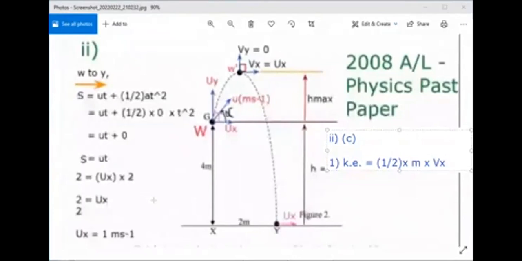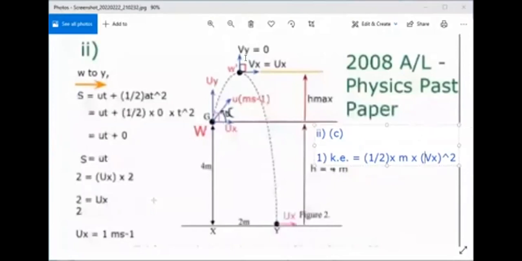You should clearly identify that this person has kinetic energy only due to the Vx velocity component, because the vertical velocity component at the maximum height is 0. Therefore, no need to worry about Vy when you calculate the kinetic energy.